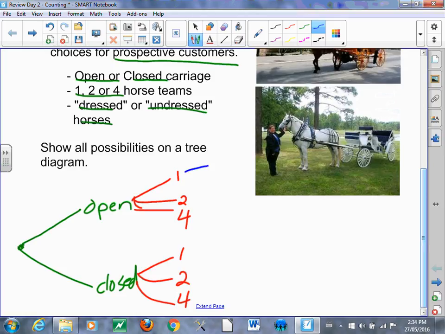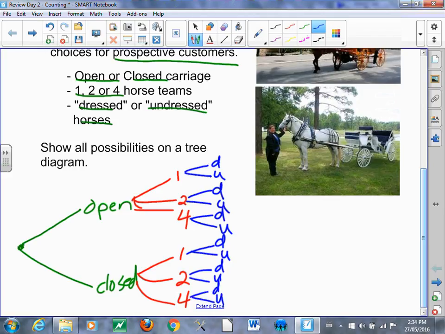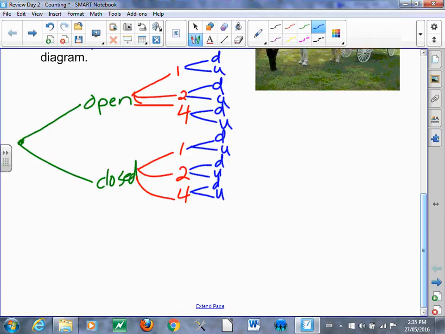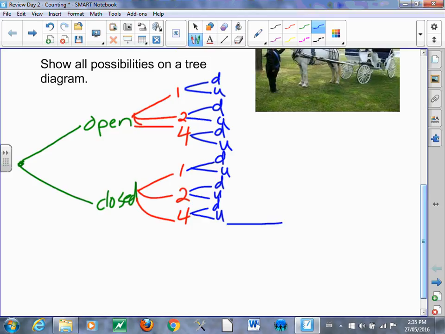I'll go D for dressed and U for undressed. Almost done. And then don't forget, folks, when you're done with your tree diagram, to always tell me the number in your sample space, and we're going to list them all.